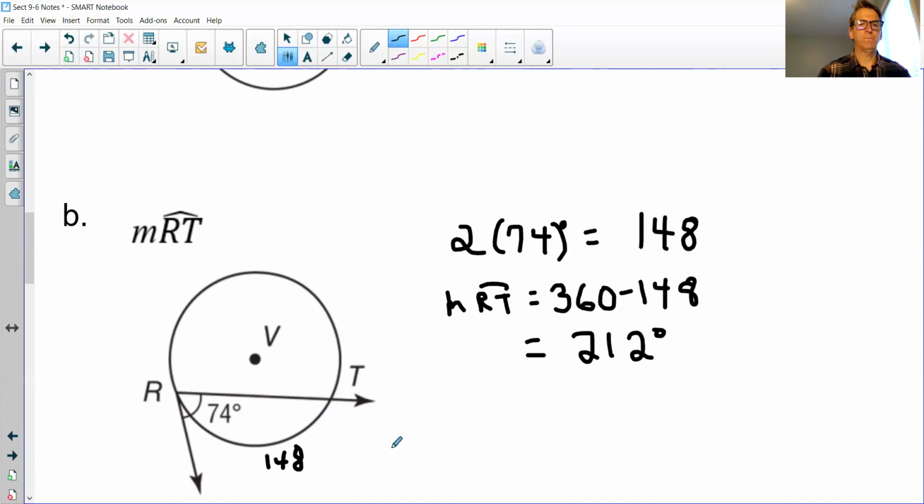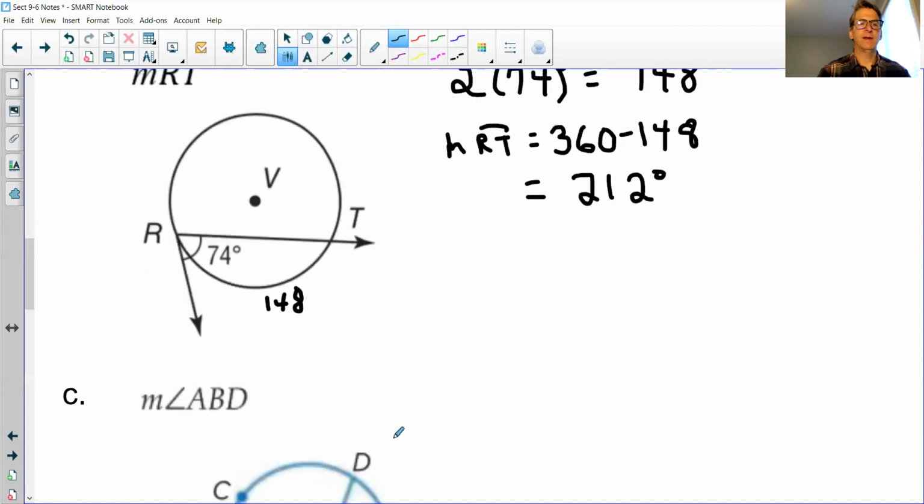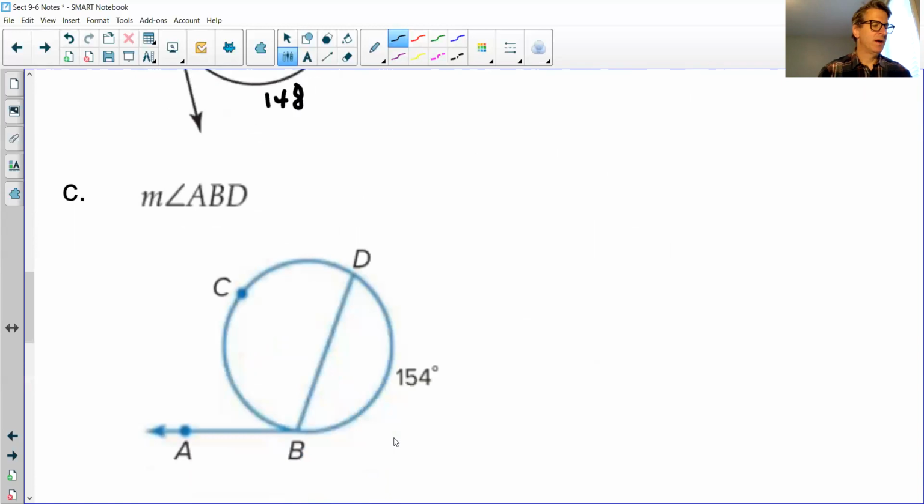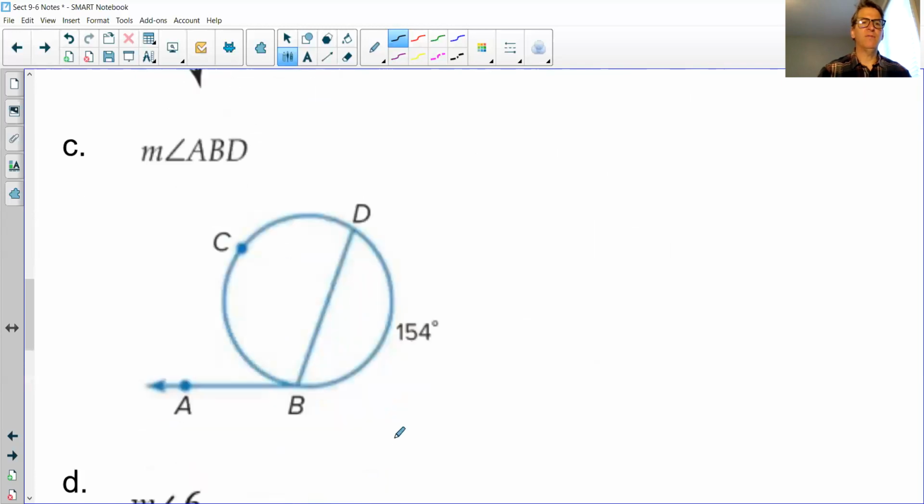Moving on. Letter C. The measure of angle ABD. The measure of angle ABT. This is going to be X degrees. So we're looking at ABD here.